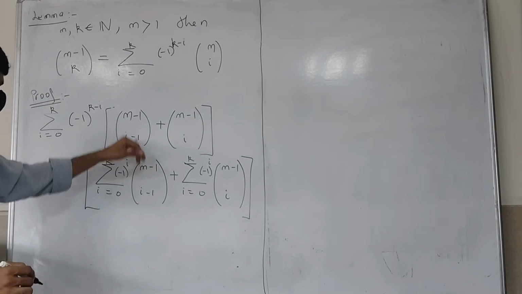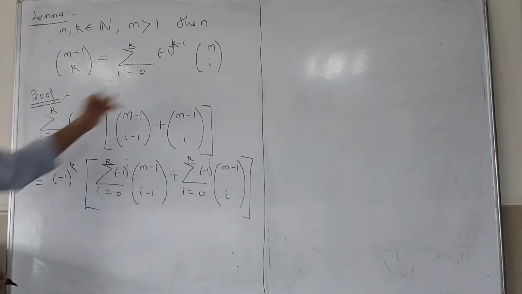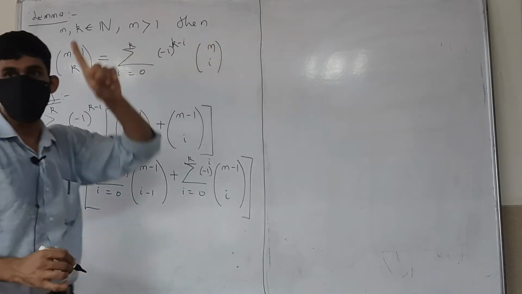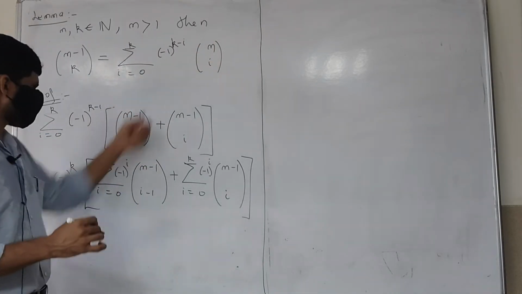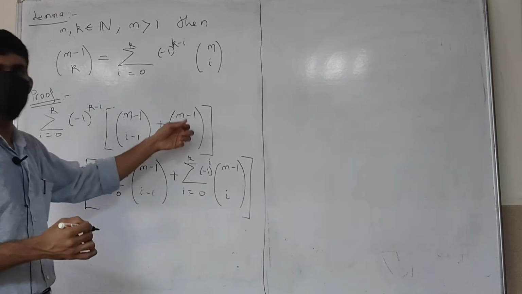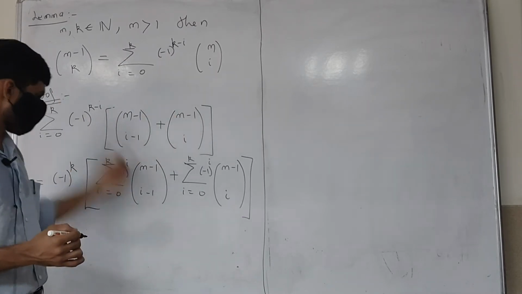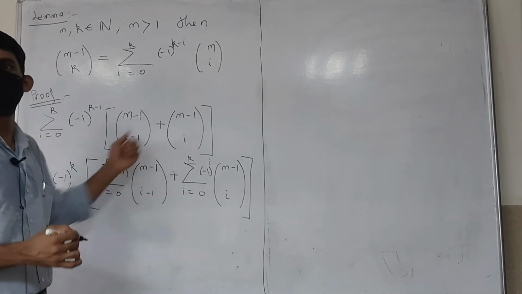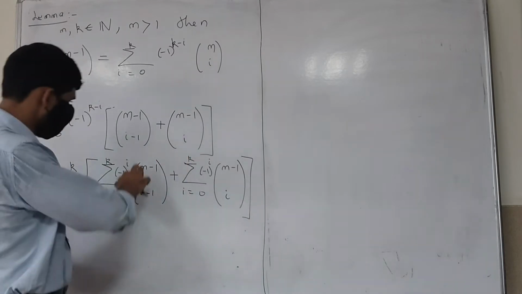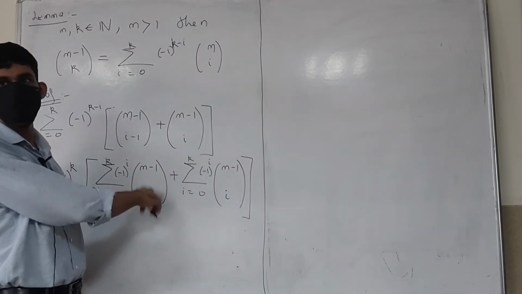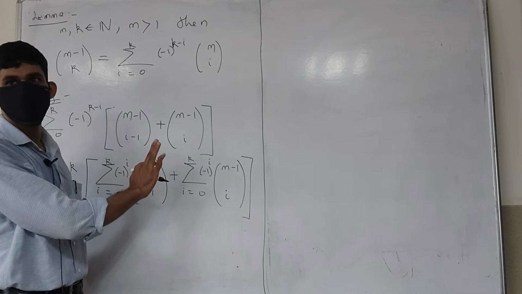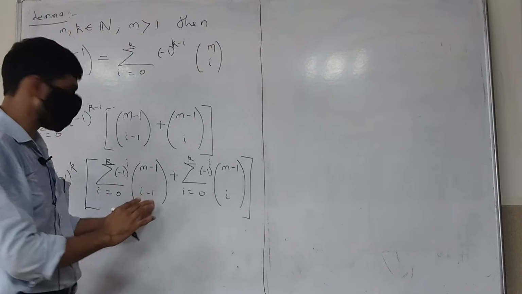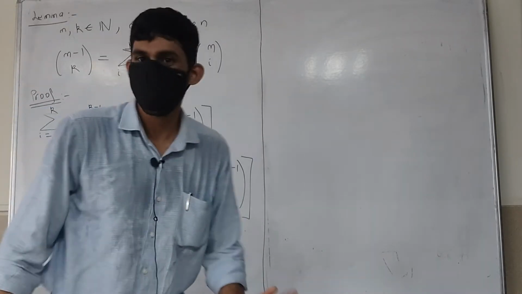What happens to the 0th term here? It is (m minus 1) C 0, so the first term is (m minus 1) C minus 1, which is 0. If we assume that (m minus 1) C minus 1 is 0, there is no harm in doing that.